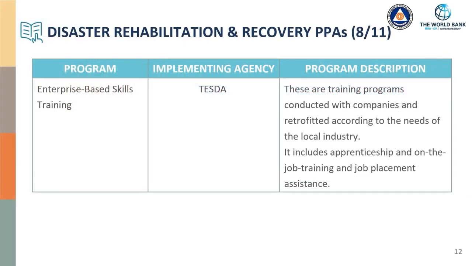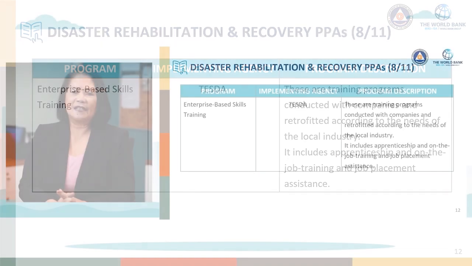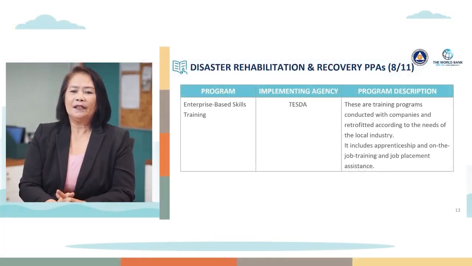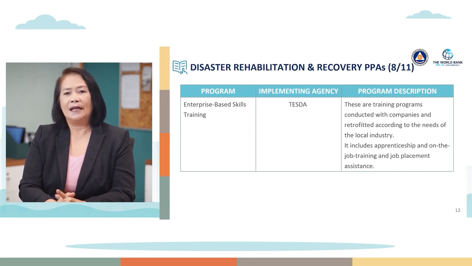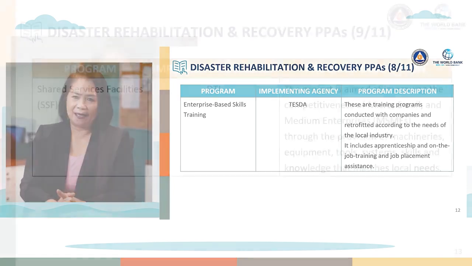The next is that of the TESDA, which is an enterprise-based skills training intended for companies and retrofitting in accordance with the needs of the local industry. It includes apprenticeship and on-the-job training and job placement for those who are trained under the enterprise-based skills training.